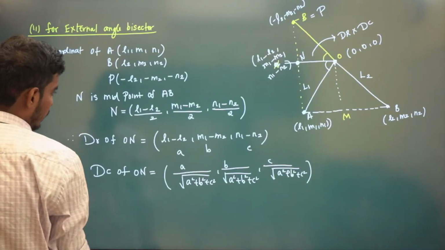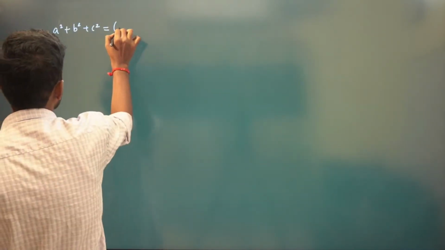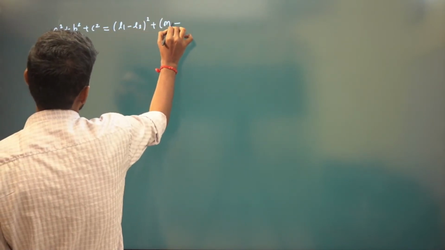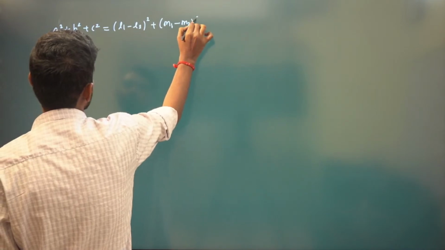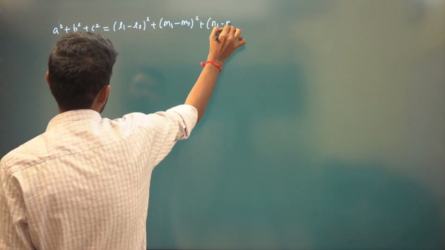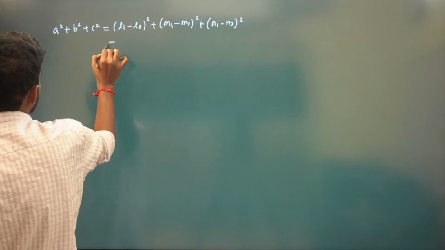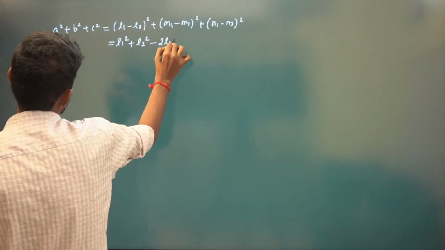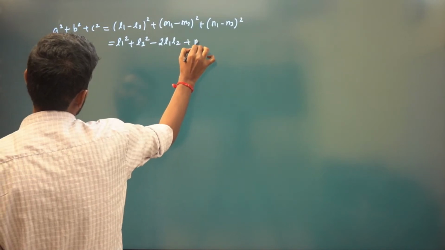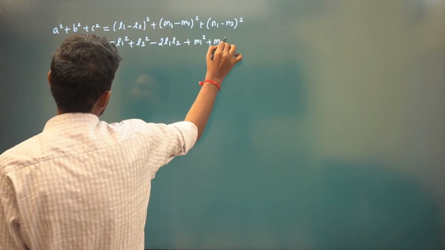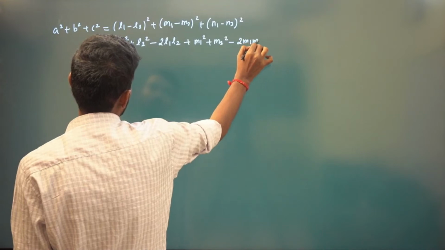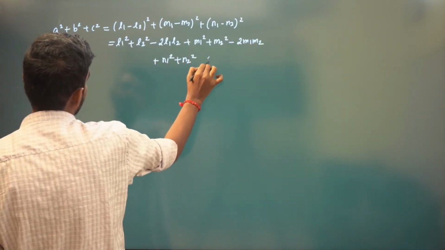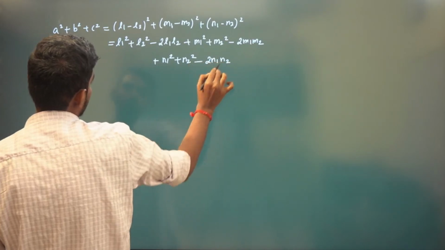It is L1 minus L2 whole square, M1 minus M2 whole square, N1 minus N2 whole square. So L1 square plus L2 square minus 2 L1 L2, M1 square plus M2 square minus 2 M1 M2, N1 square plus N2 square minus 2 N1 N2.